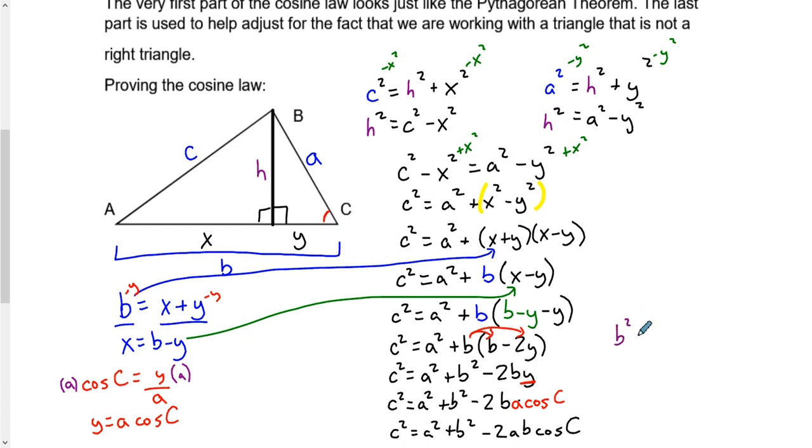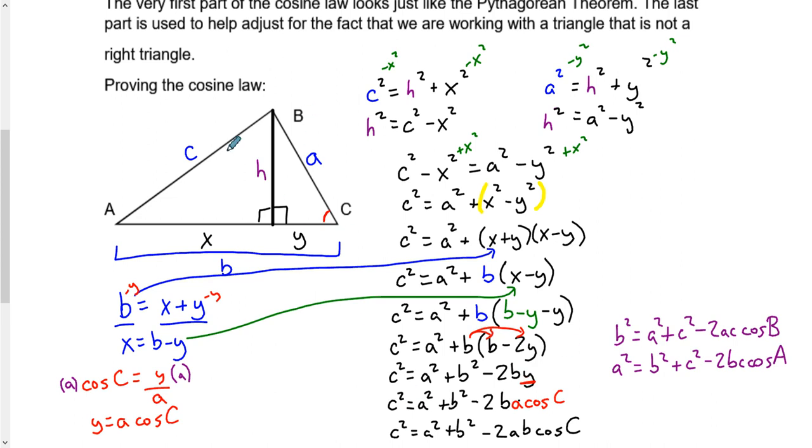For example, it might be b squared equaling a squared plus c squared, subtracting 2ac cosine of b, or a squared equaling b squared, adding c squared, subtracting 2bc, multiplied by the cosine of a.